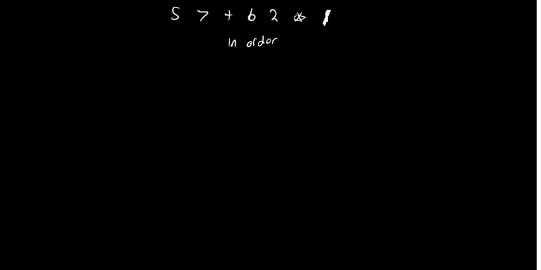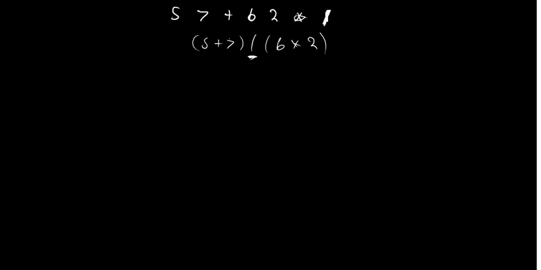In fact, for this one, there is a simple shortcut. We're going to just use the original expression, which was 5 plus 7 divided by 6 times 2.